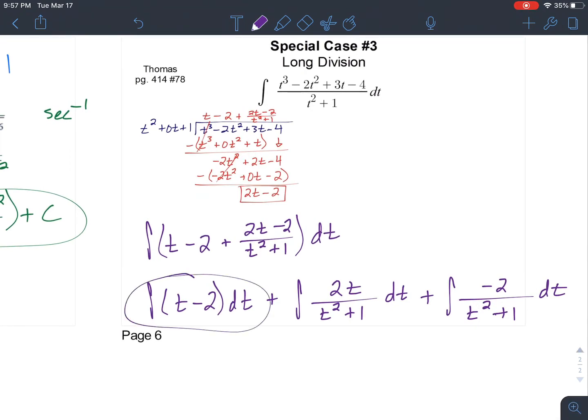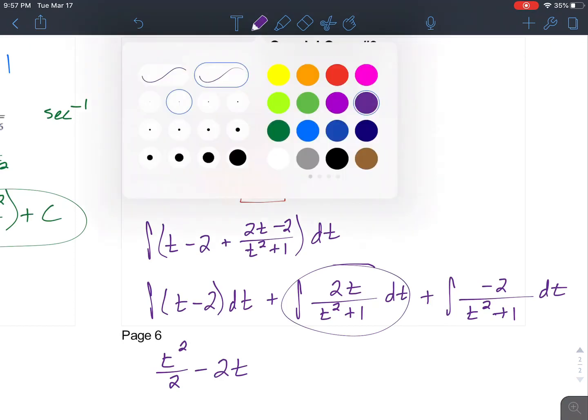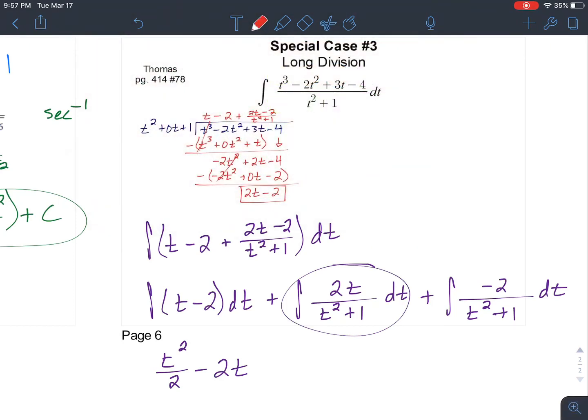So the first integral, we already know that that's going to become t squared over 2 minus 2t. That part is done. This second integral is going to require u substitution. U is t squared plus 1.